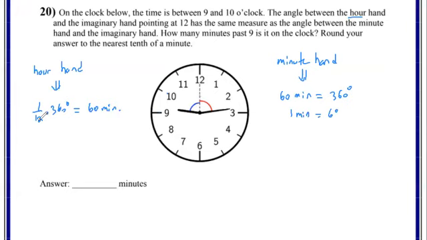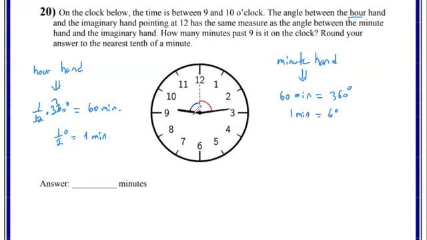So that's basically 30 degrees in 60 minutes. If you divide by 60, you get 1/2 degree in 1 minute. So if you move 1 minute, we are going to move 1/2 degree for the hour hand.